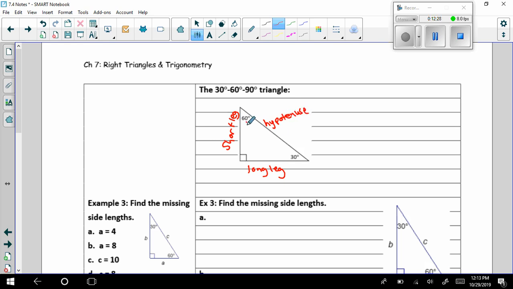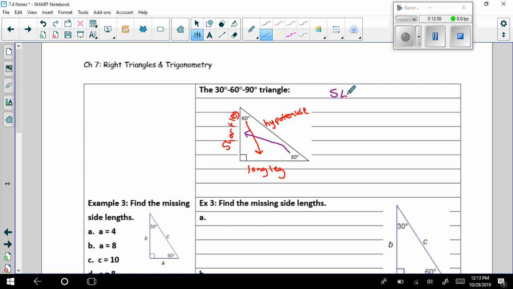So notice the longer leg is across from the 60, and the shorter leg is then across from the 30. That's true for any kind of triangle as far as lengths go. So if you have two sides, you can just use Pythagorean theorem. If you're given an angle, though, you can use your ratios.